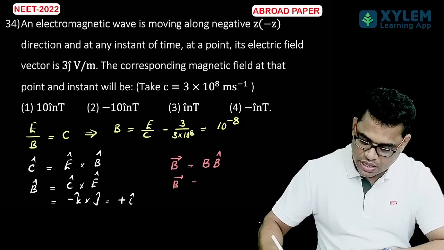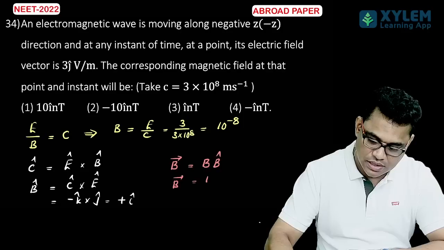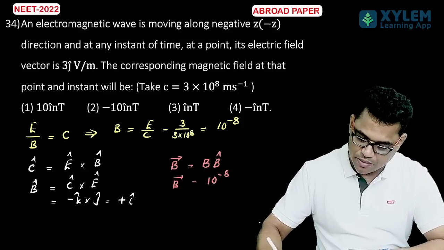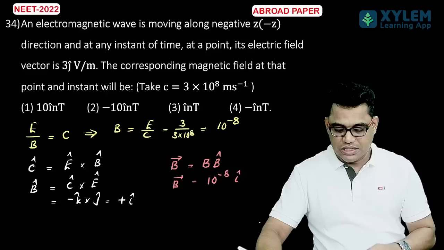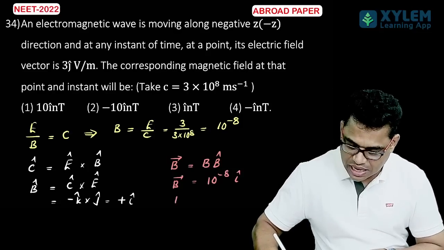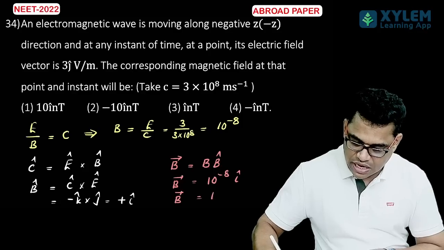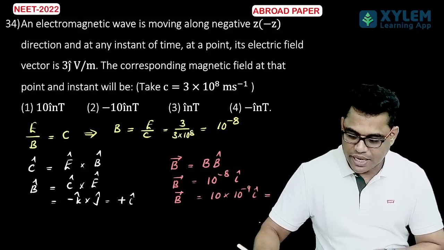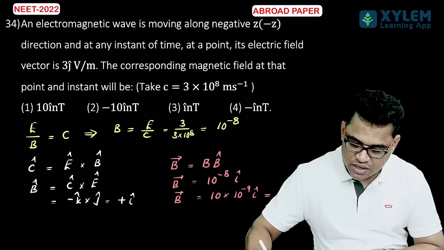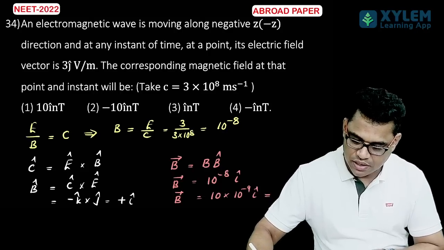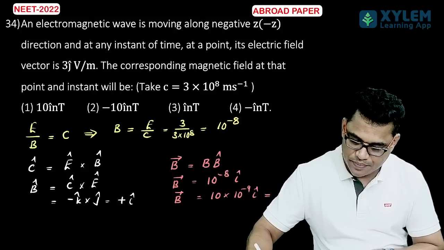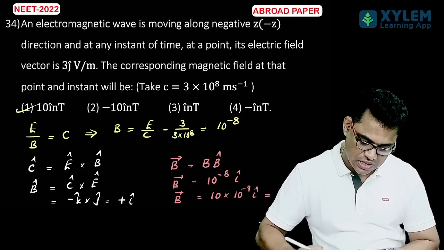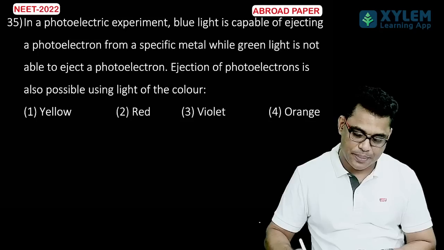What is the magnitude? 10 to the power minus 8, direction is nothing but I. But here it is given as nano Tesla, therefore it can be written like this, 10 into 10 to the power minus 9 I. 10 to the power minus 9 is nano, therefore 10 nano Tesla, direction is I. Therefore 10I nano Tesla is the right answer. Here is the answer, 10I nanotesla.